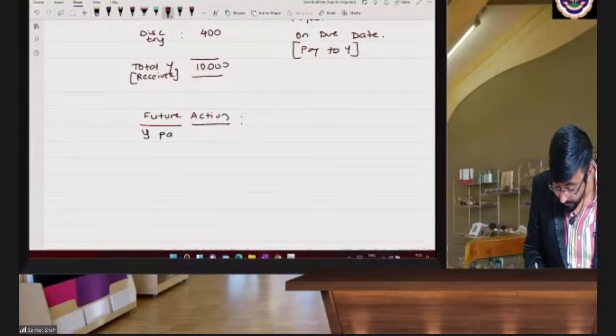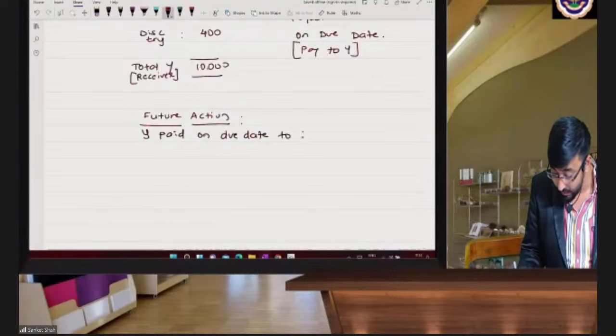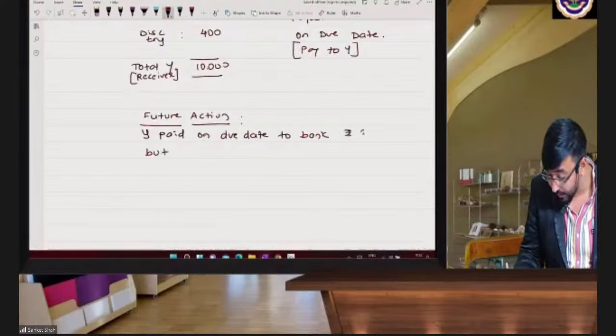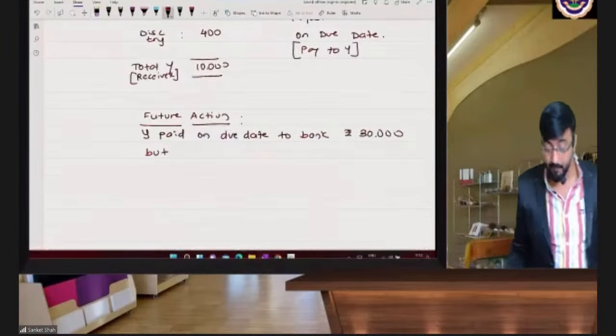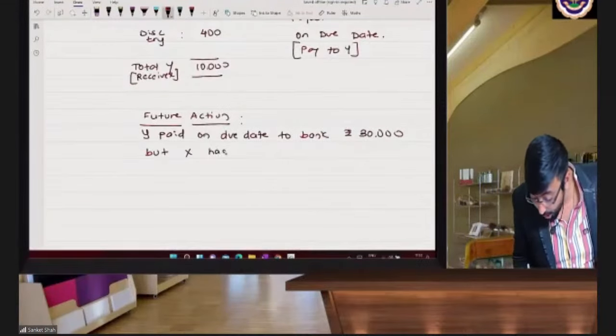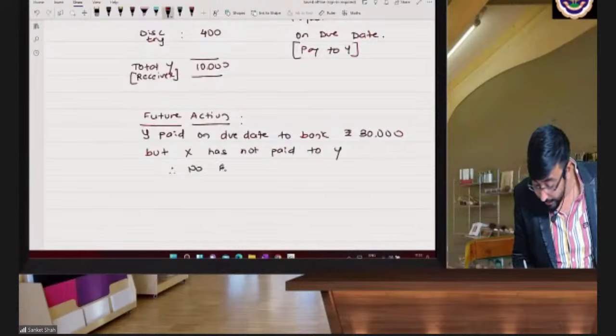Y paid on the due date to the bank rupees 30,000, but X has not paid to Y. Therefore, no entry in X's books.